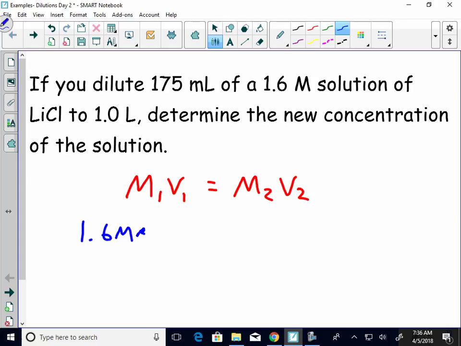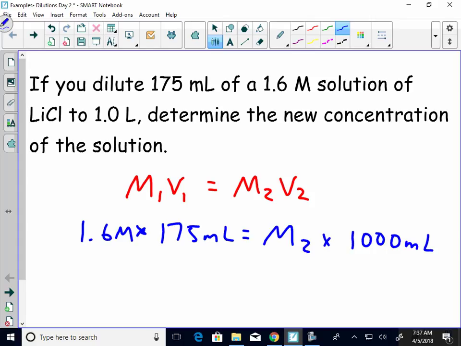I multiply that by my initial volume. I'm just going to leave these in milliliters. So I'm going to have 175 milliliters. I am trying to determine a new molarity. So M2 is unknown, but I do know that I have 1 liter. And I'm going to convert that 1 liter into milliliters.